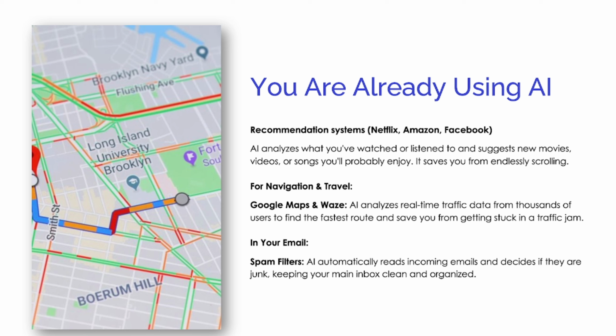It saves you from endless scrolling. When you go to Netflix, I personally am a fan of documentaries. When I go to my Netflix app, most of the recommendations I get are documentary videos. Amazon, the same thing. When you want to go shopping, most of the things you see are your interest. So they are built on AI.